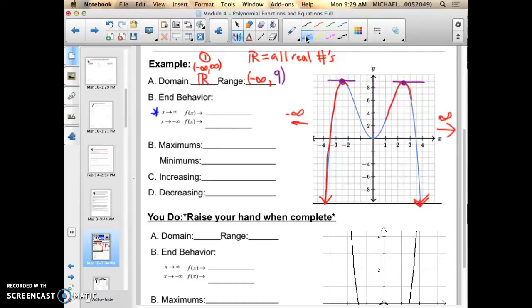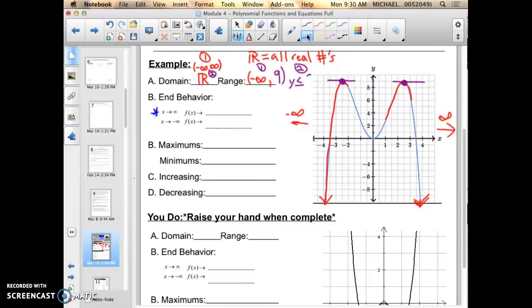Another way you can write that, so that's the first way, this is the second way, is that all y values, and you need to know both these notations. The y value is less than or equal to 9, because it actually touches 9 right here.